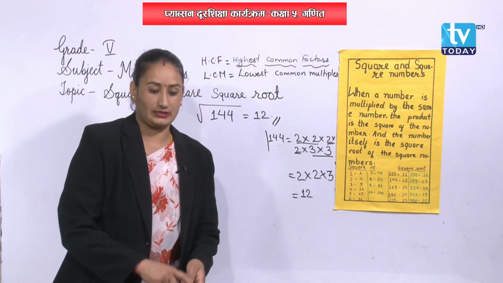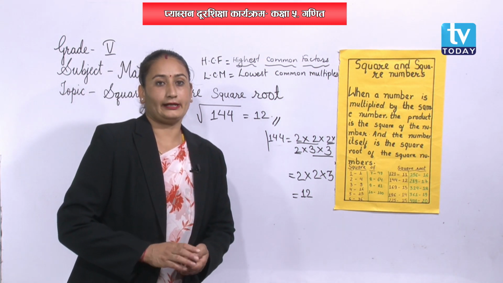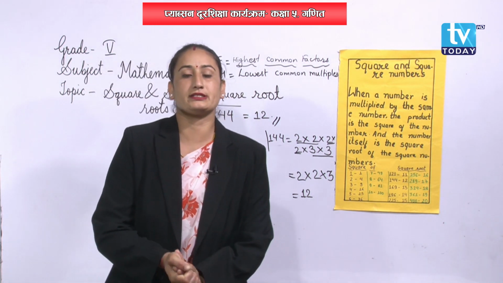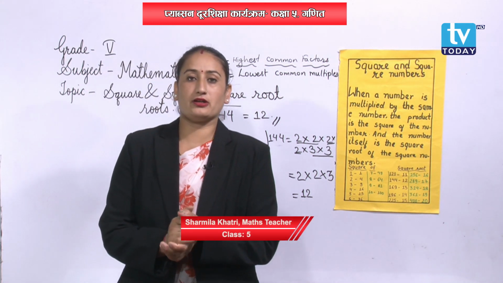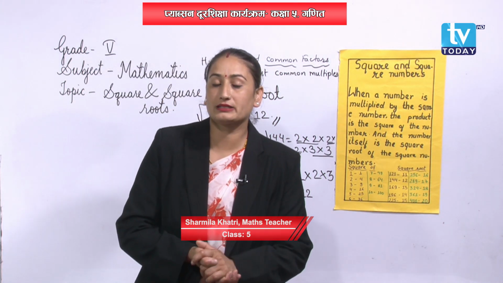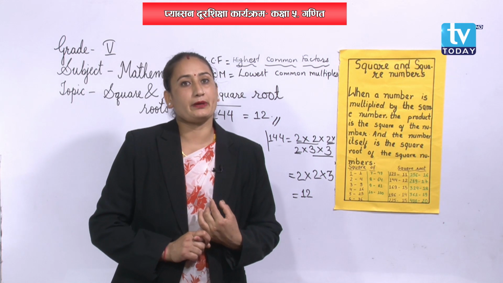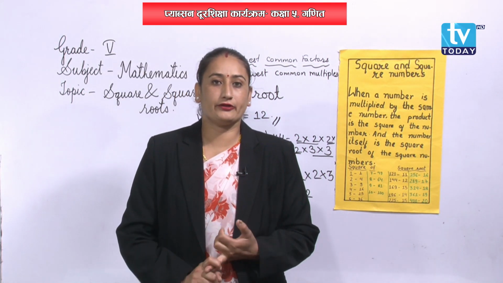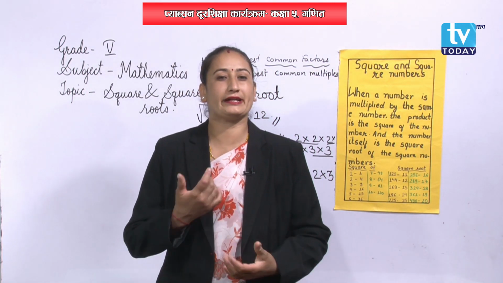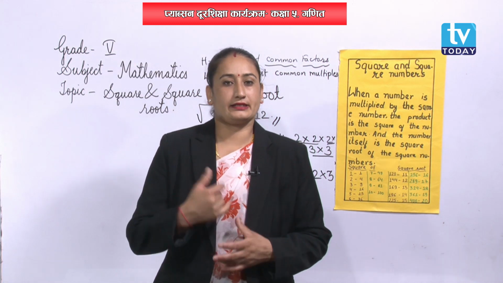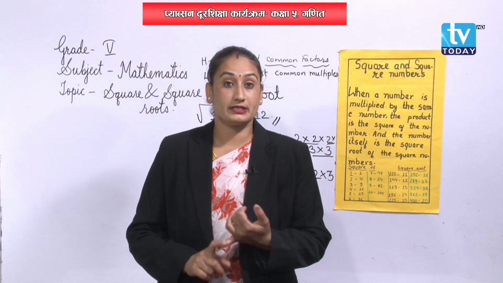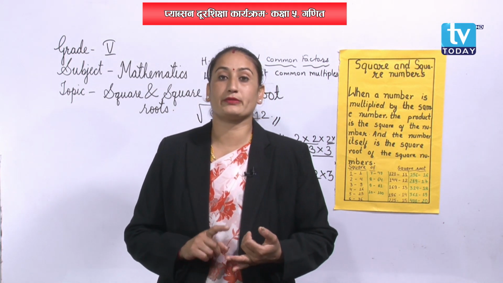Obviously. So students, now let's have a short review from the first. Right students? In numbers, we have learned about, tell me, what things we have learned? We have learned about odd numbers, even numbers, natural numbers, whole numbers, prime numbers, composite numbers, integers, right? Then the process of finding factors through the division method and the factor tree method.